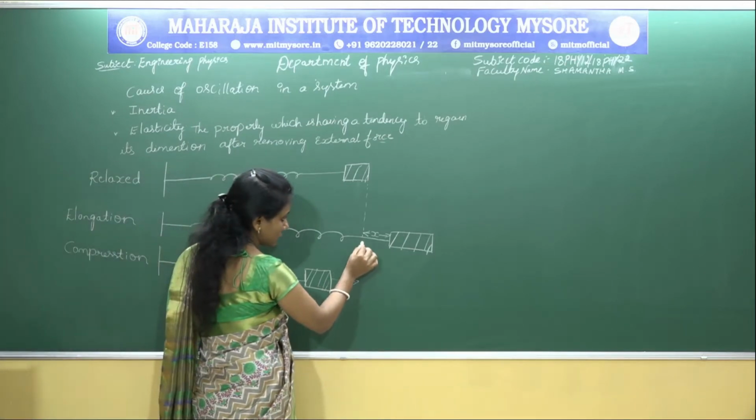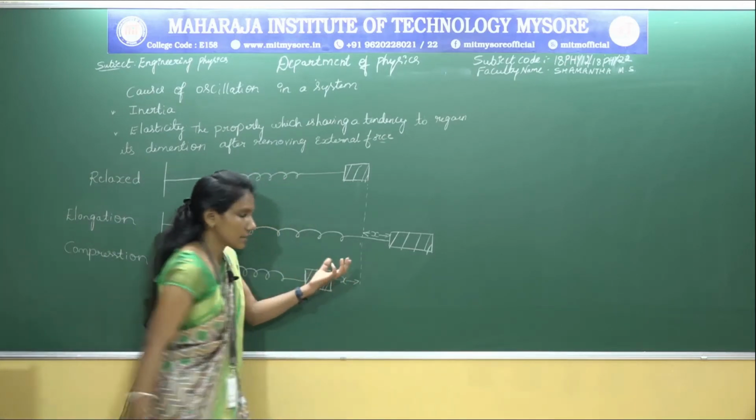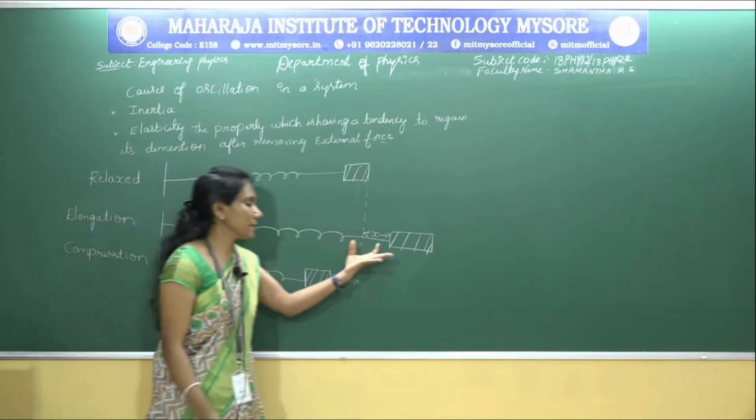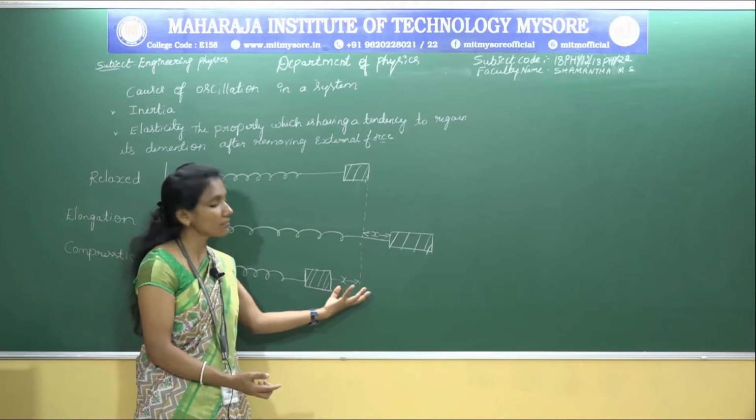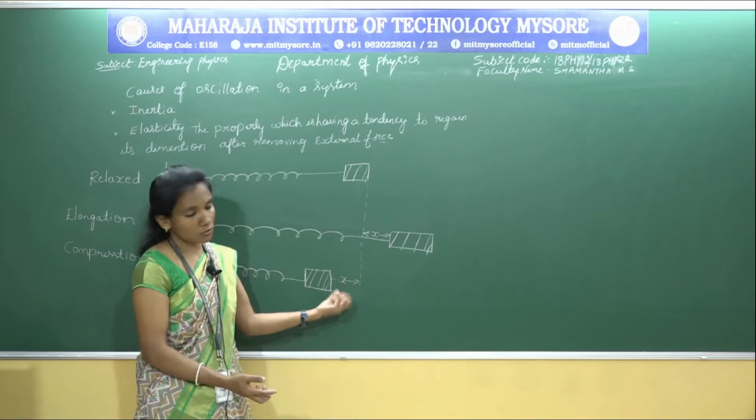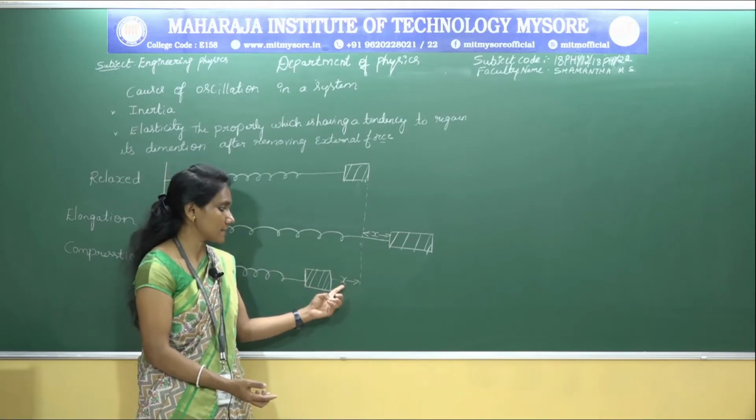So from the mean position, the displacement is elongated on one side, and on the other side the body is compressed, through a displacement x.